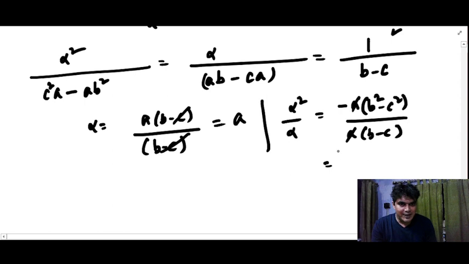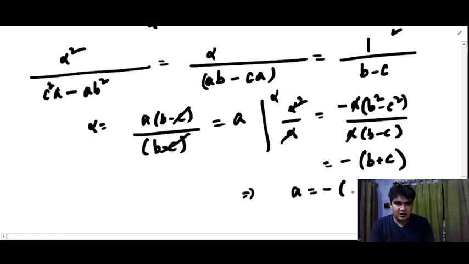If I cancel b minus c, I'll get minus of b plus c, right? And here alpha square by alpha, if I cancel it, I'll get the value of alpha. So previously we already knew the value of alpha, that is equals to a. So a equals to minus of b plus c. So that means a plus b plus c equals to 0. This is what we are getting.